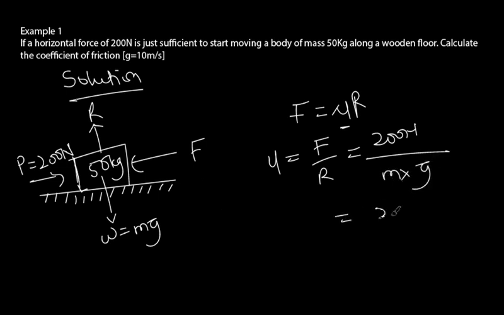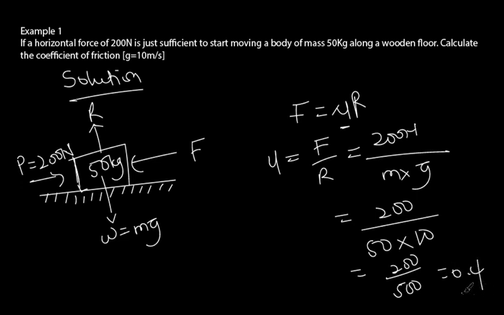So we have 200 Newton divided by the mass of the body, 50 kilograms, times the gravity, 10. So this is giving us 200 divided by what? 500. And if we input this into our calculator, we get 0.4. So the coefficient of friction in this example is 0.4.